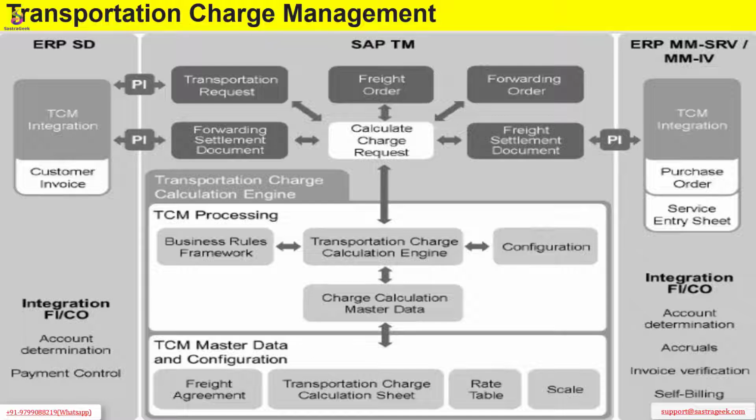SD will have the customer invoice, the billing document, the F1, F2 billing document types with which we create the invoice, and then the accounting documents, and so on.